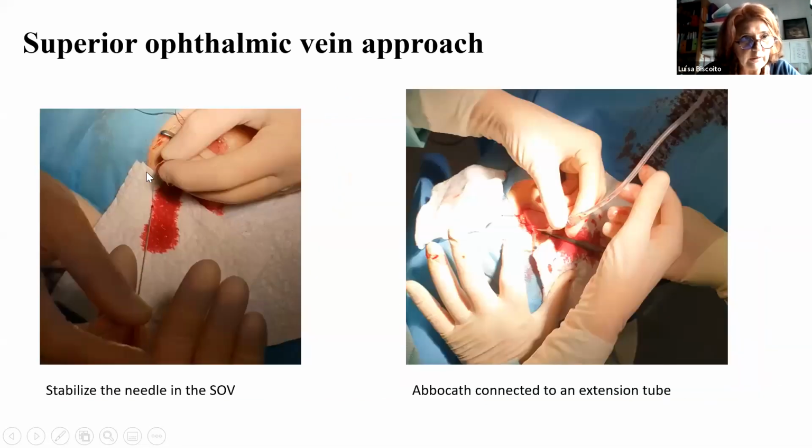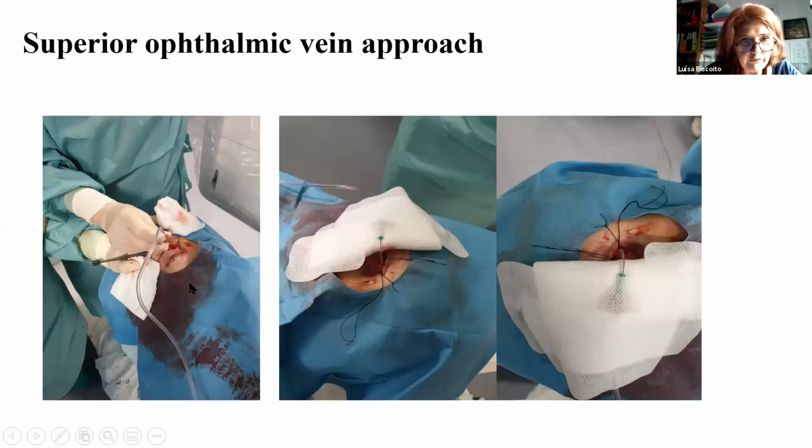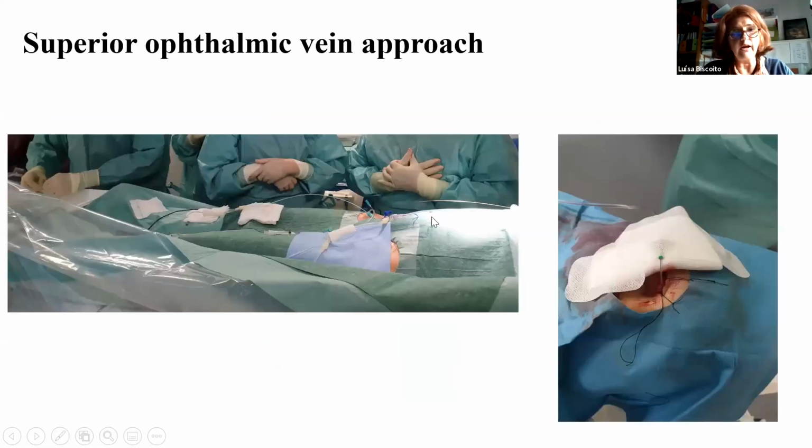It's important to stabilize the needle in the ophthalmic vein, and then we connected an extension plastic tube. Here, the Abocat, we connect the tube, and then we fix the tube, and we worked like the other procedures nearby the femoral approach, and we did not touch this part of the field anymore.